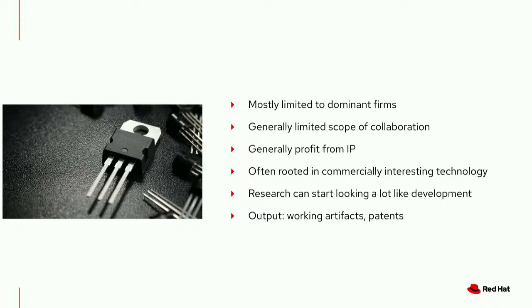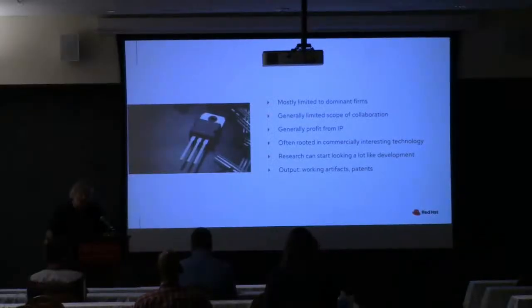Pretty secretive by and large, fairly limited scope for collaboration outside the organization. These are for-profit companies. They want to profit from their IP. And they're often rooted in commercially interesting technology. In fact, what we've seen over time is that a lot of these research labs in dominant firms, like Digital Equipment, for example, west of here, start to look a lot like digital product development as opposed to the longer horizon types of things.